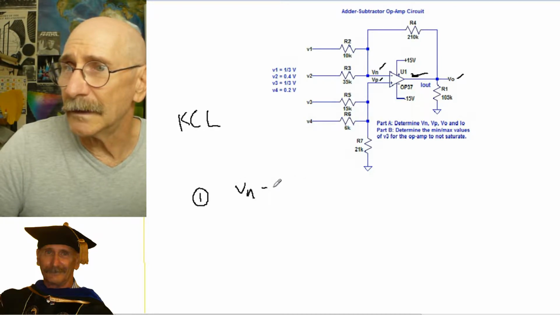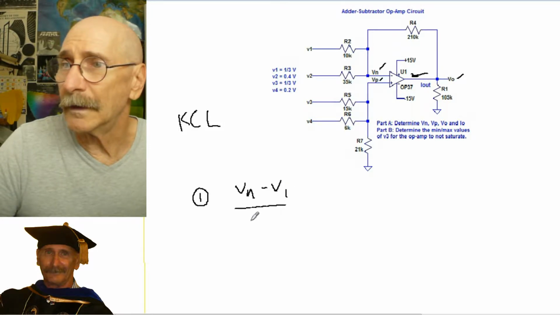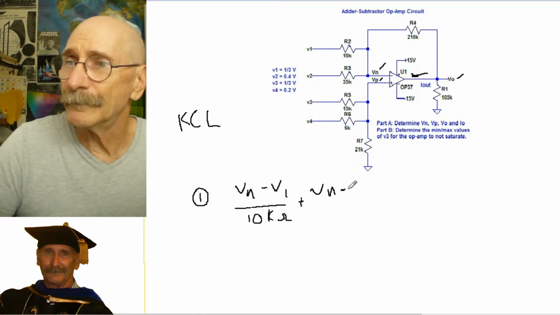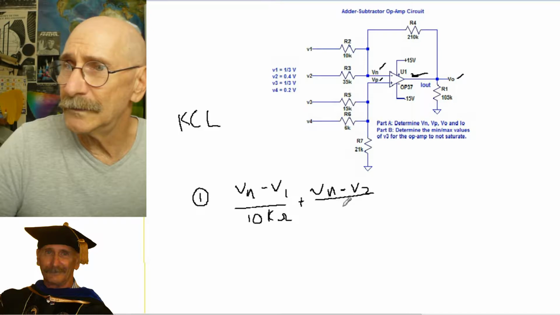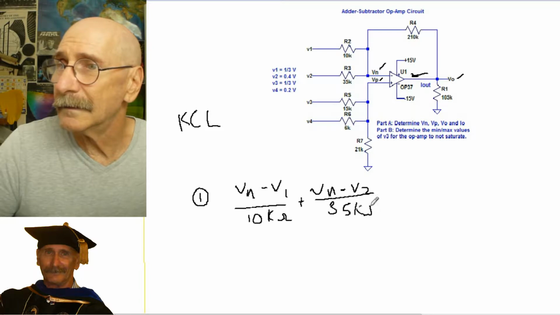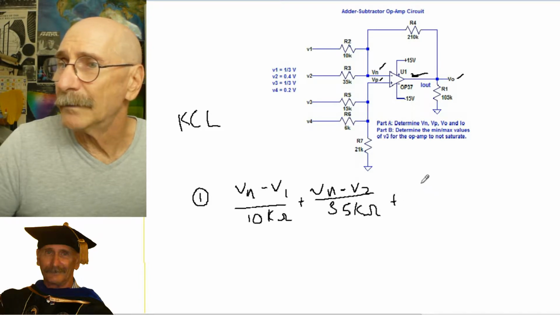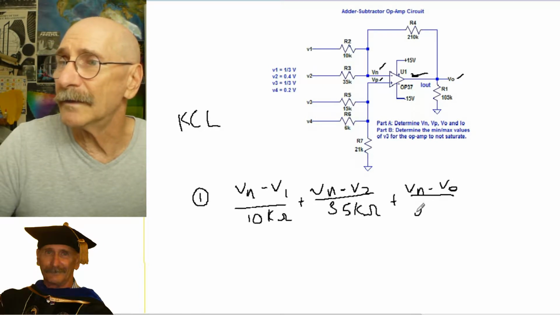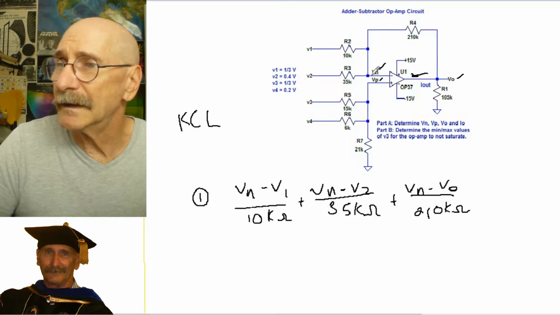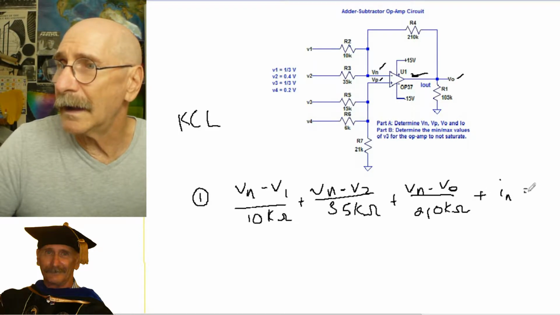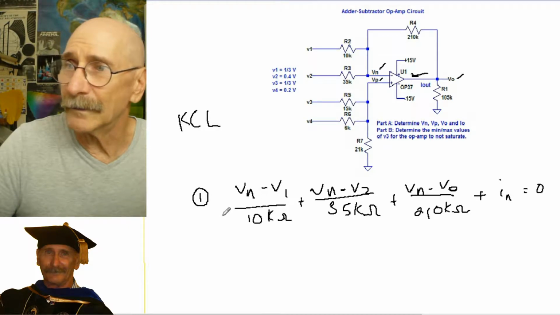This is going to be V sub n minus V1 divided by 10K plus V sub n minus V2 divided by 35K plus V sub n minus V out divided by 210K ohms, which is this leg right here, and then plus I sub n, all that adds up to 0.